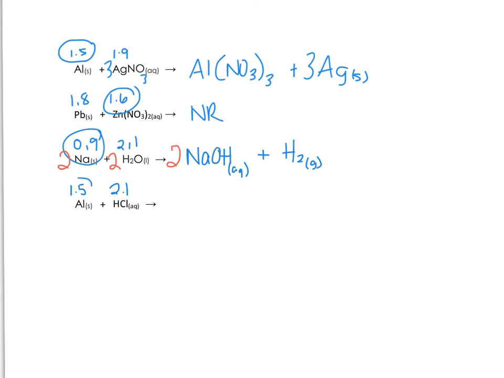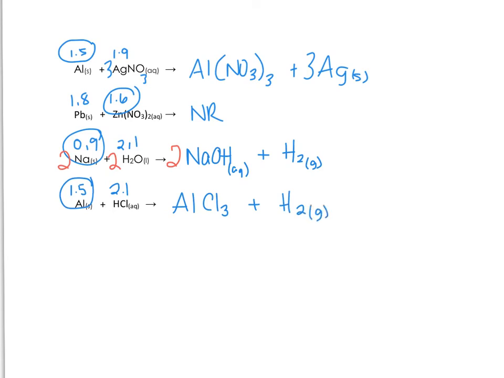So the smaller of the two electronegativities wants to be in the compound. So aluminum will displace hydrogen from the compound. So we will make aluminum chloride, and the element hydrogen is written as H2.